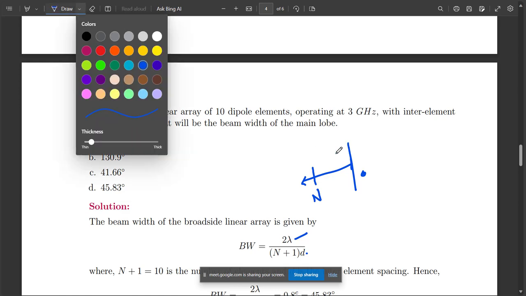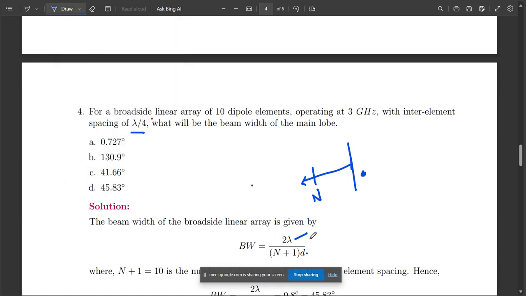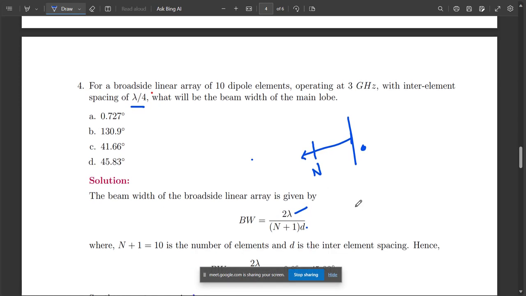By that you will understand why the formula is getting changed. All right.